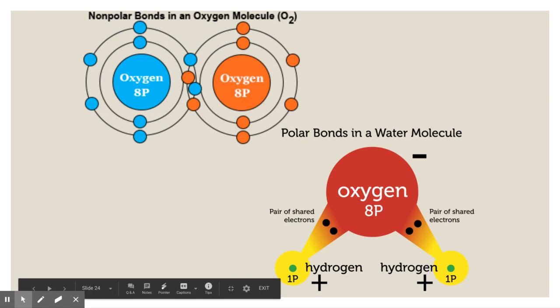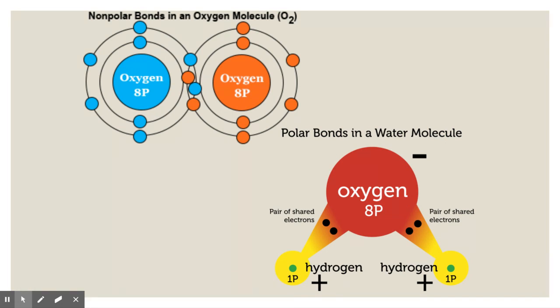Because of that stronger pull, it's going to keep those negatively charged electrons closer to it, giving it a slightly negative charge. Whereas the hydrogens can't pull the electrons to it as much, so it's going to have a slightly positive charge. And that slight negative or slight positive charge is what we know as polarity, or a polar bond.